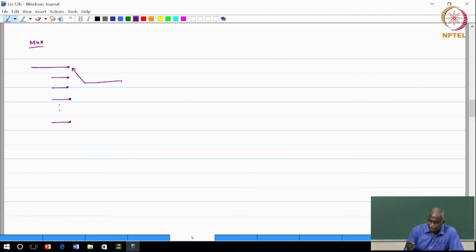Now, the upsampler by a factor of L says that there are L lines. So, this is line number 0, line number 1, this is line number L minus 1. Now, this has the data x of n, that those samples must go through, and I have to insert L minus 1 zeros.